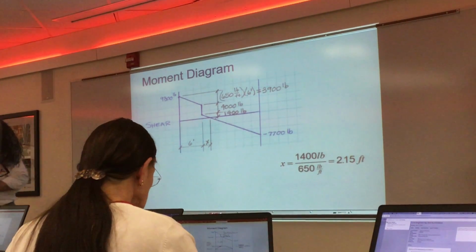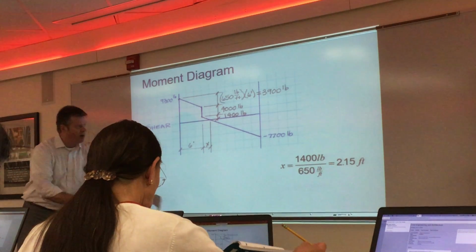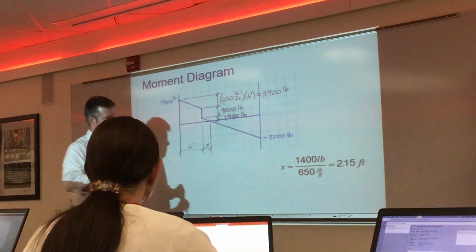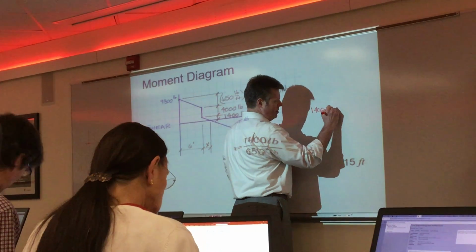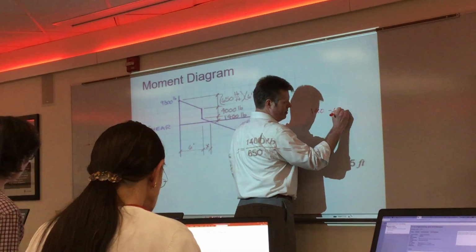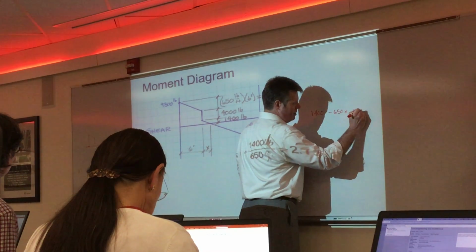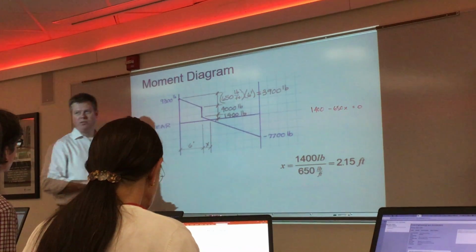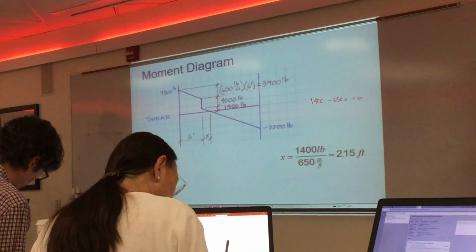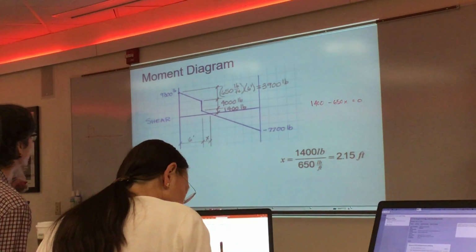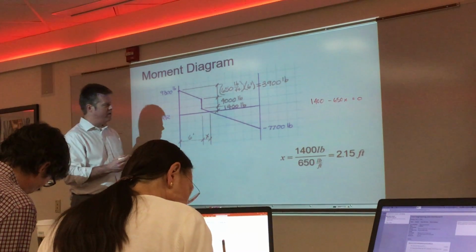This is actually a linear equation that they don't show the whole thing, so I'll write it out for you. It's the equation of a line, y equals mx plus b. M is 650, that's a slope, we said that, right? B is 1400 based off of this.